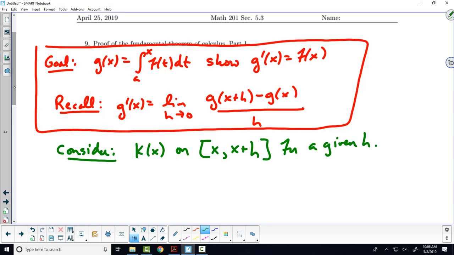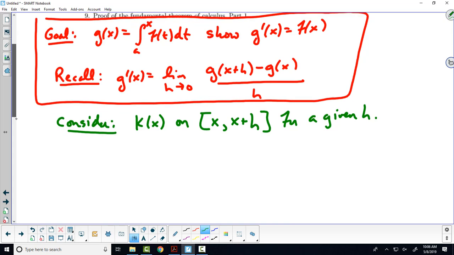So pick an h value. It doesn't actually have to be positive, but if it's not positive, then I have to turn my picture around. But let's go ahead and just assume h is positive, but it doesn't have to be. If h were negative, then it would just go x plus h comma x. You would just invert this interval, right? But I need to have a direction here, so let's just do that.